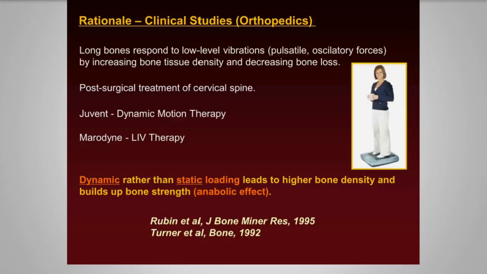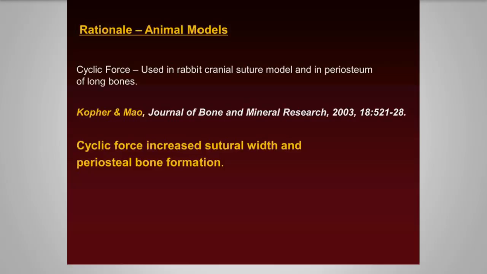Okay, so this is one line of evidence which was the rationale. Another line came from animal studies, primarily Dr. Jeremy Mao with the pioneering work in rabbits, showing that cyclic force increases sutural width and periosteal bone formation.